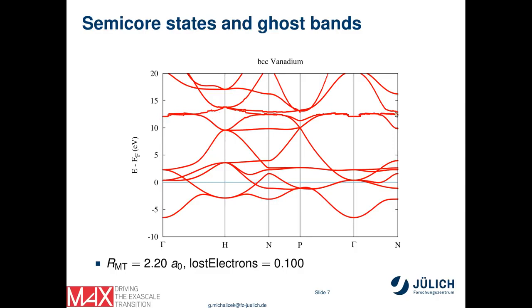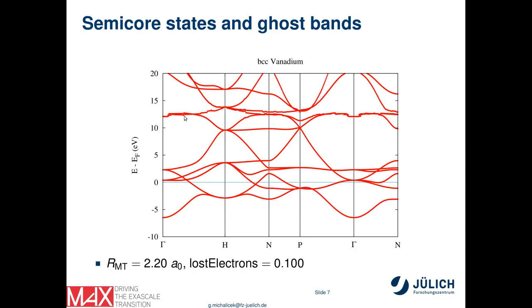And this is actually a ghost band. What we see here is, first, this ghost band has nearly no dispersion, so it is flat, and also it is damaged, so it has these jumps when you go from one k point to the next k point.